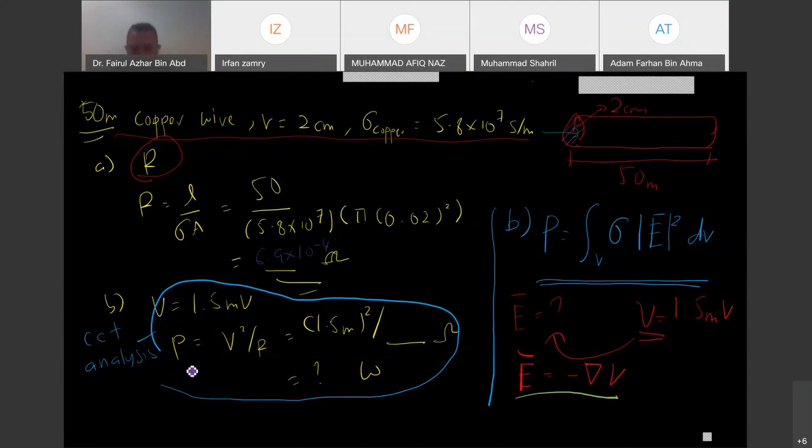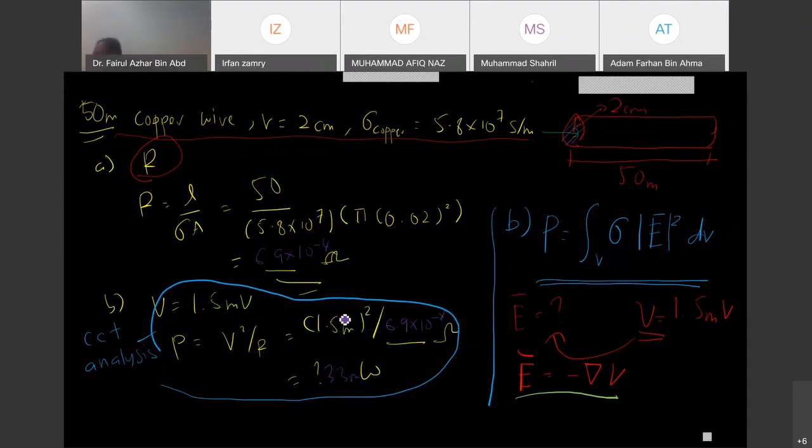If we use the power equation, based on what we learned during circuit analysis, we will have P equal to V squared divided by R. So V squared is 1.5 millivolt to the power of 2, divided by R, which is 6.9 times 10 to the power of minus 4. The answer is 3.3 milliwatt.